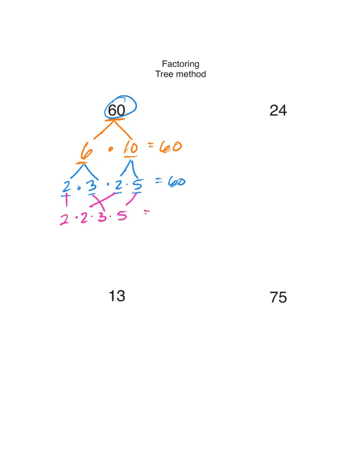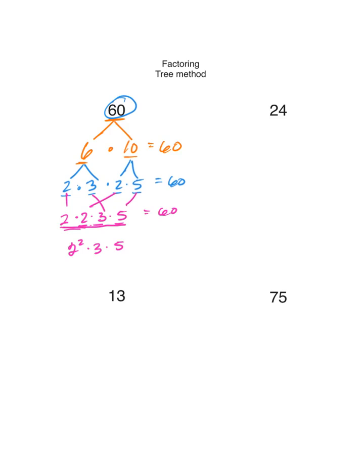This equals 60 because 2 times 2 is 4, times 3 is 12, times 5 is 60. This is called my expanded form. And the exponential form of this is 2 to the second, because I have 2 factors of 2, times 3 times 5. Okay, so that number's done.